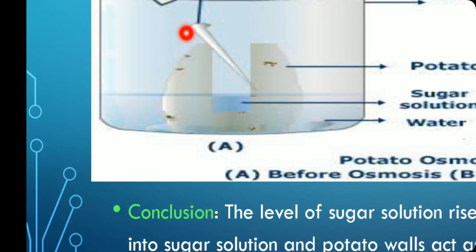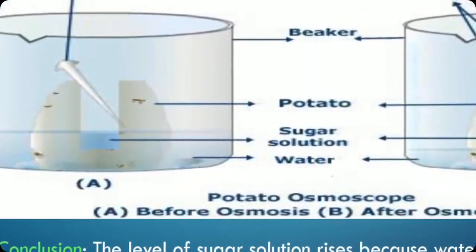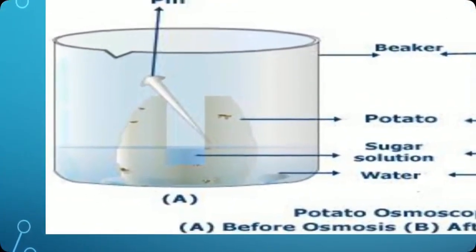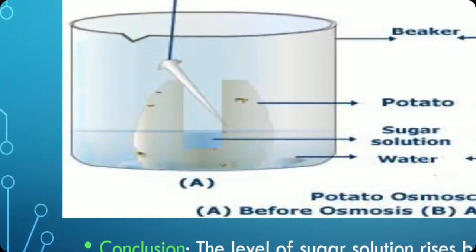Okay. Also, one thing which you have to do is use a pin to mark the level of water. Here, how will we find out the change in the level of water? So here we can use a pin. Okay. Then after that, you know that the process of osmosis means that water molecules move from higher concentration to lower concentration.